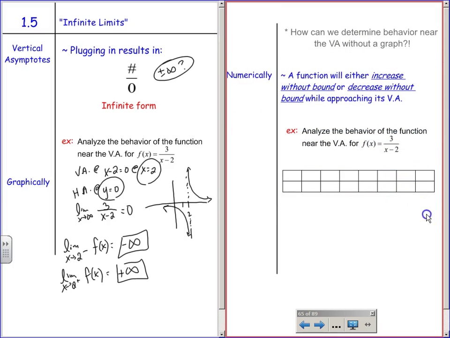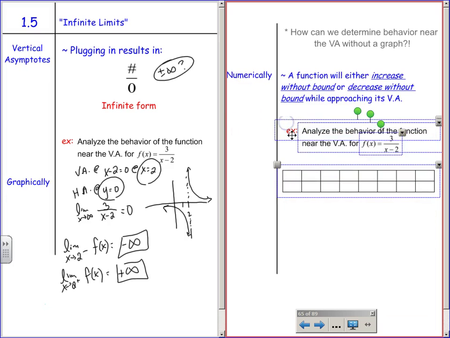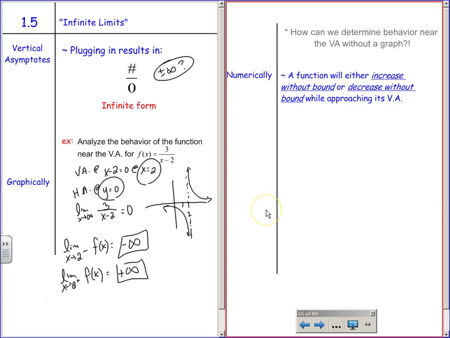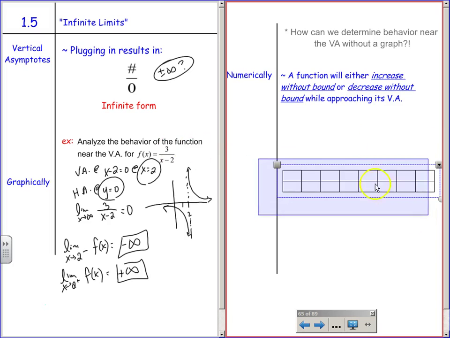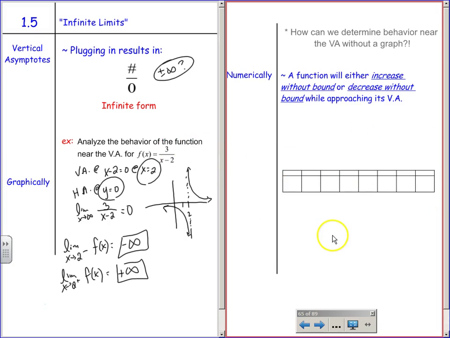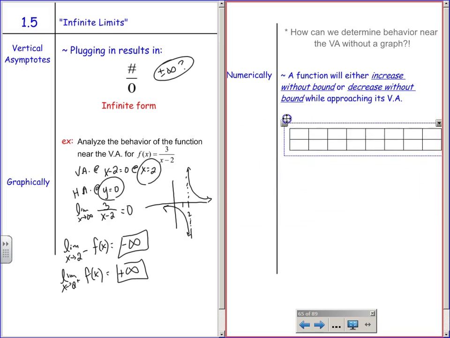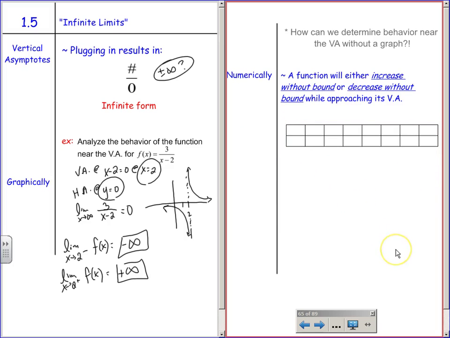Well, to be honest, I don't think you need this table because we just did all the work because you guys were awesome and remembered. So let me just use the table. That didn't work. How can we determine behavior near the vertical asymptote without a graph?